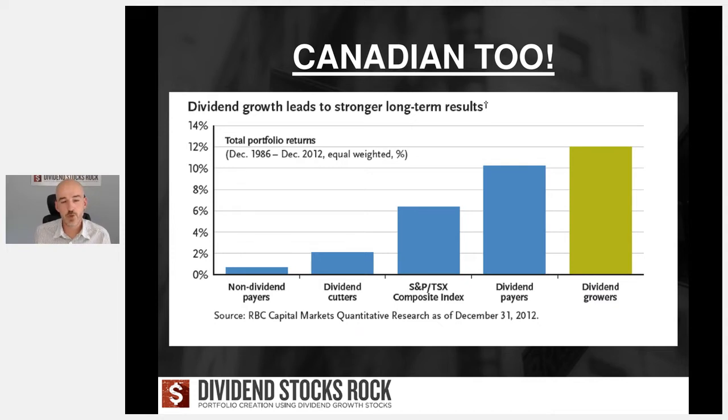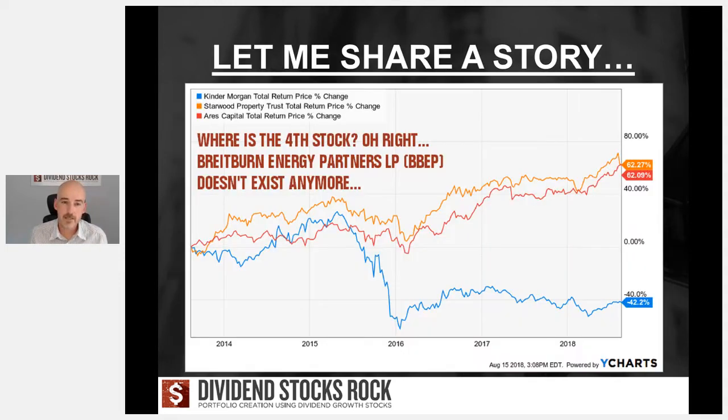And then I just waited a few years and decided to go back and see what's happening. And what happened is this. What you see here is the selection of Kinder Morgan, Starwood Property, and Ares Capital REIT. And the 4th one actually was Breitburn Energy Partners, and this one was down by 90% and eventually disappeared from the stock market around 2016 during the oil crisis.